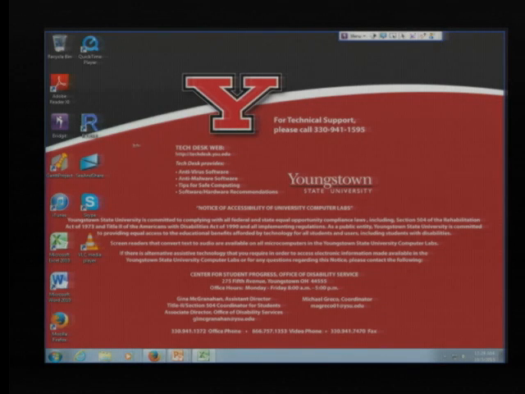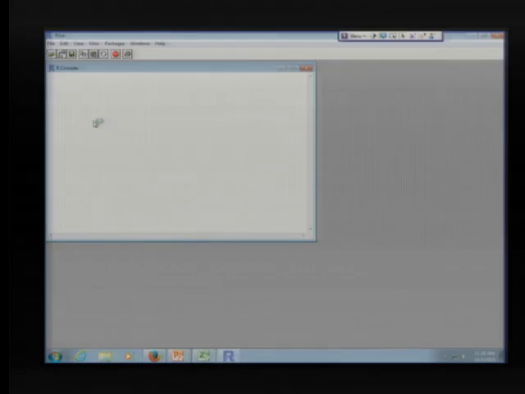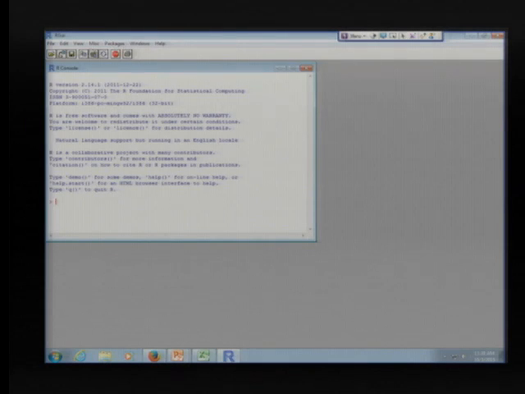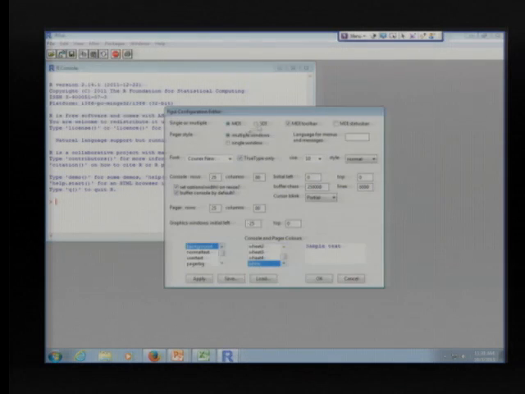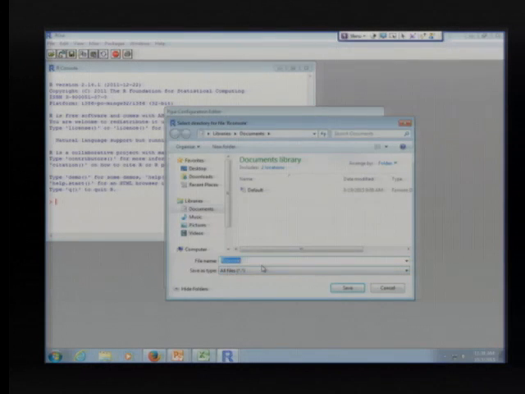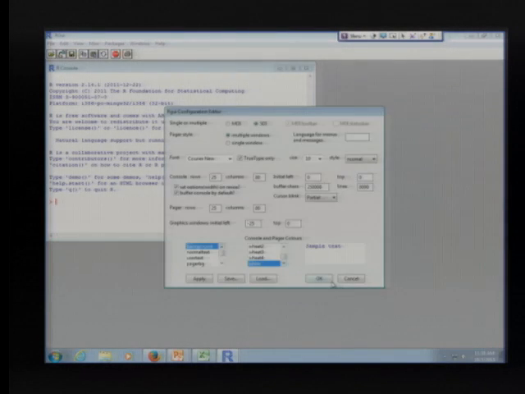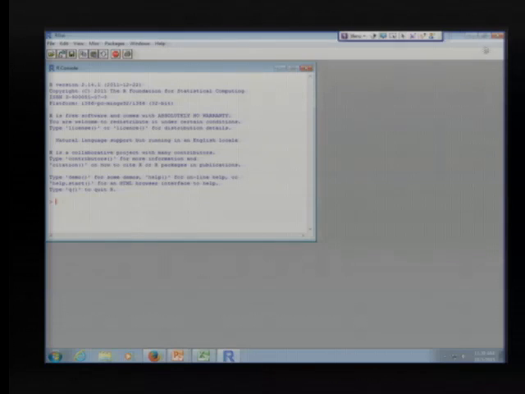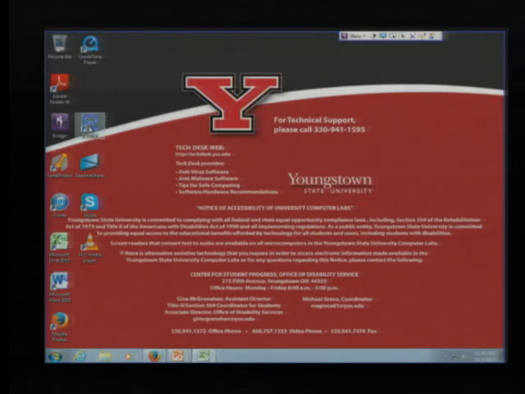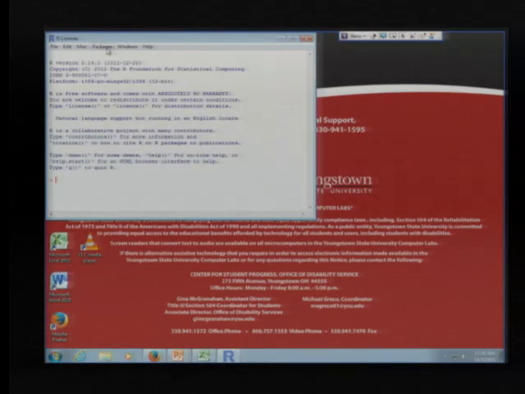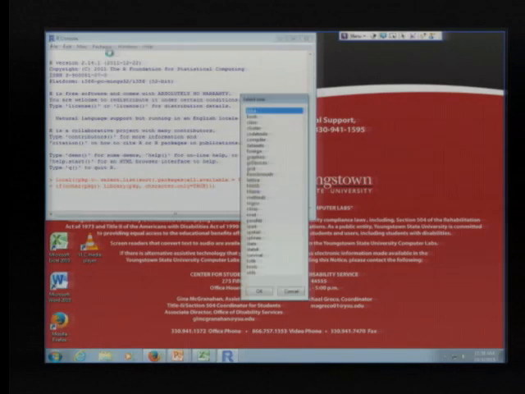That's going to be a problem. I thought I downloaded a version last time. Okay, anyway, I'm using an older version of R Commander.